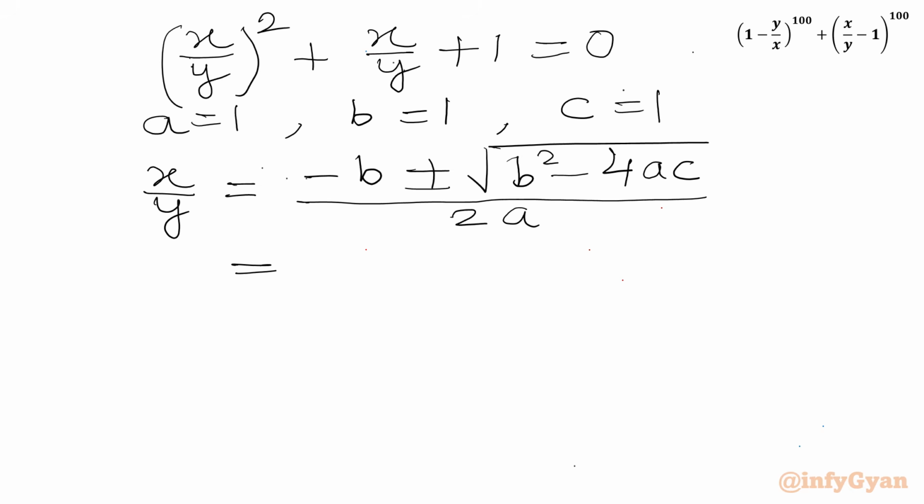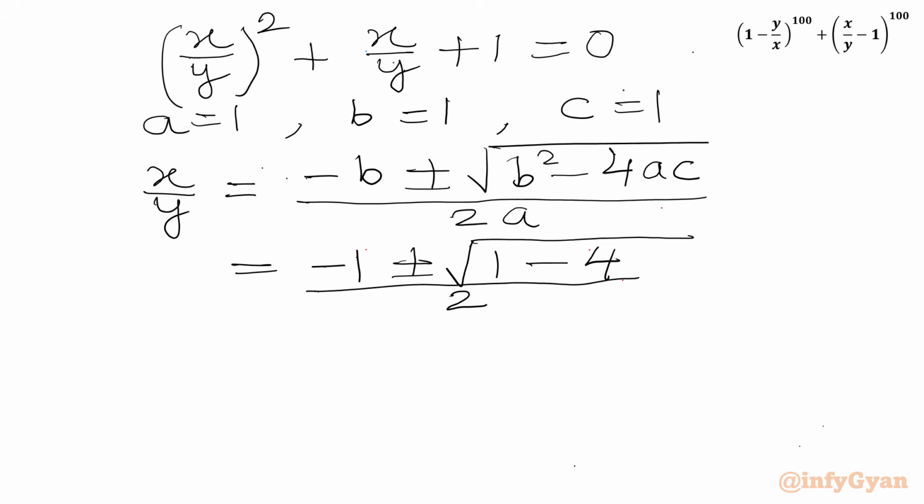Let's plug in all the values. So I will write minus 1 plus minus square root of 1 square is 1 minus 4 times 1 times 1, which is 4, over 2 times 1, which is 2. This will give us minus 1 plus minus i times square root 3 over 2.